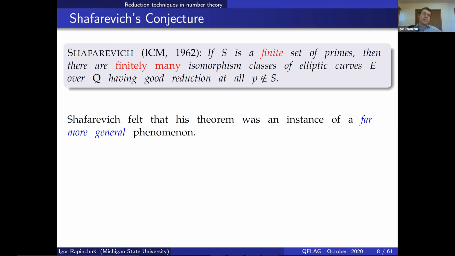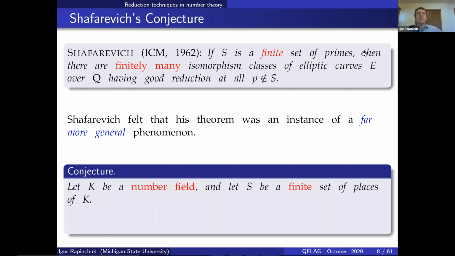And although Shafarevich's argument was very specific to elliptic curves, he nevertheless felt that his result was a particular case of a much more general phenomenon. And this motivated him to formulate the following conjecture.